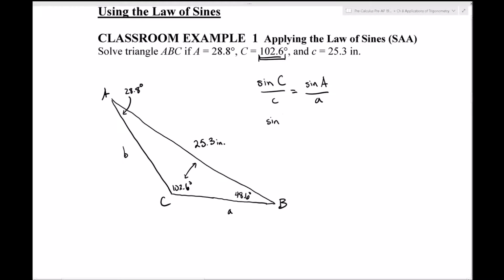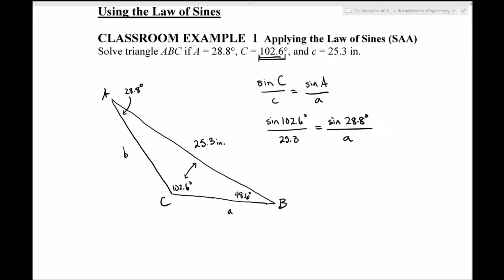So I know for sure sine of 102.6 degrees divided by 25.3 must equal sine of, in this case, A is 28.8 degrees, over little a. I don't know little a. So that's the one variable right now in that equation, and there's only one variable there. I should be able to solve for a no problem by cross multiplying.